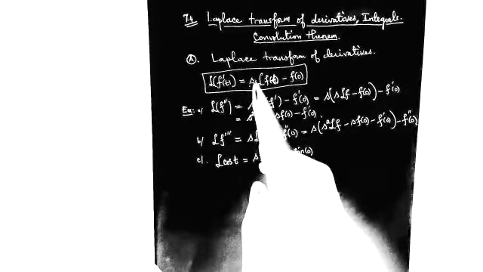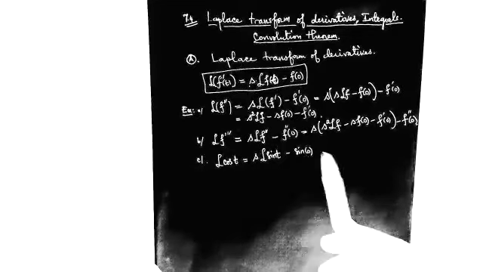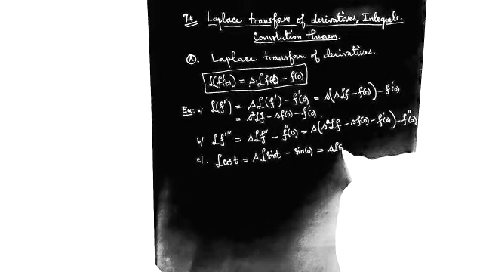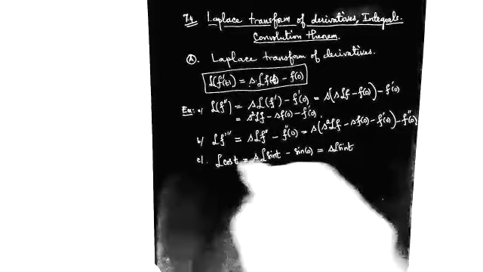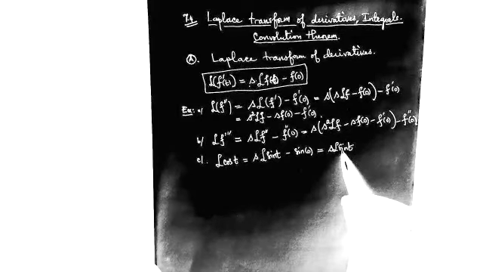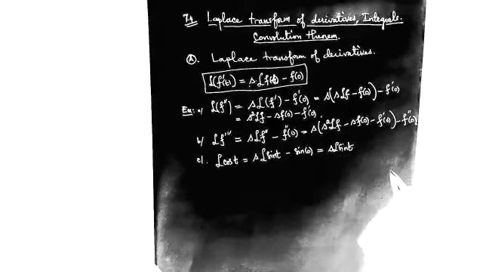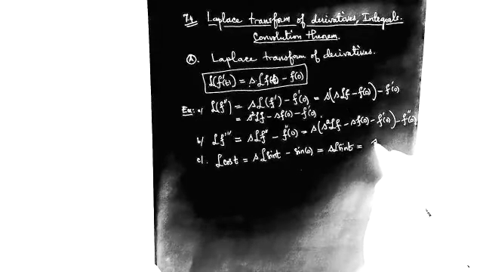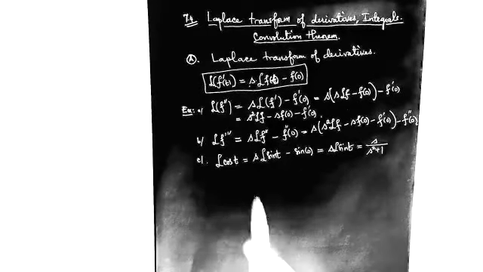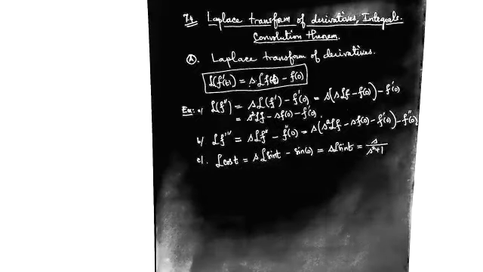Applying that formula, the Laplace transform of cosine t will be s Laplace transform of sine t minus sine of 0, and sine of 0 is 0. So that's s Laplace transform of sine t, and you do know that this is true because the Laplace transform of cosine t is s over s squared plus 1, and the Laplace transform of sine t is 1 over s squared plus 1. That's just to show you on this example that you already know that it's actually what it is.